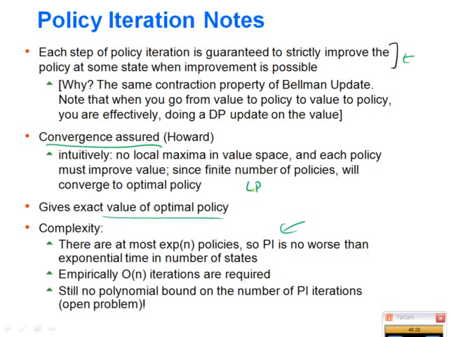That is guaranteed to be polynomial, worst case. So LP, which is guaranteed polynomial. There is policy iteration, where the guarantee is exponential. And then value iteration, no guarantees.